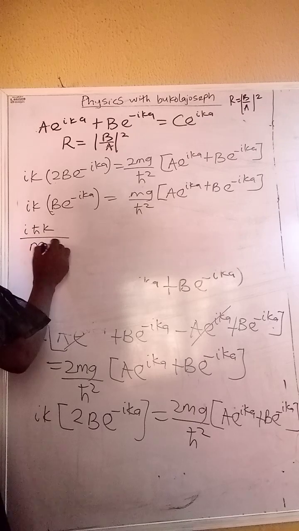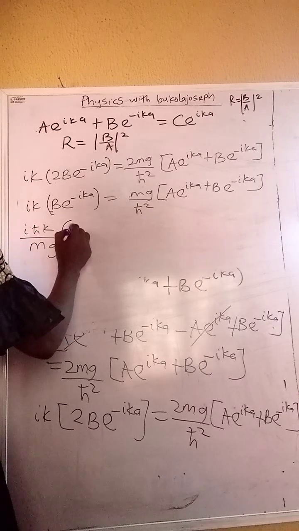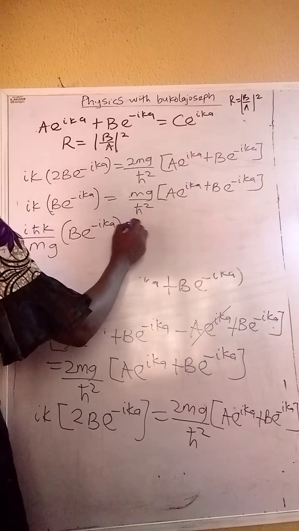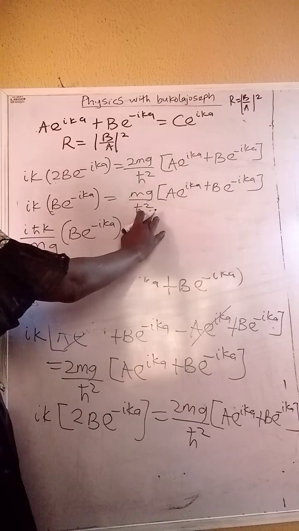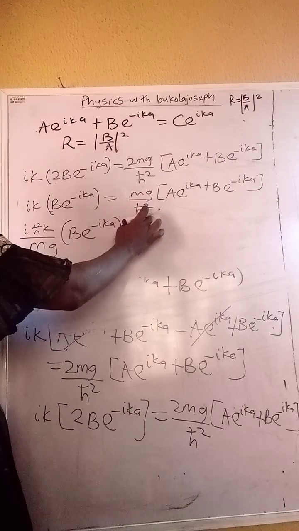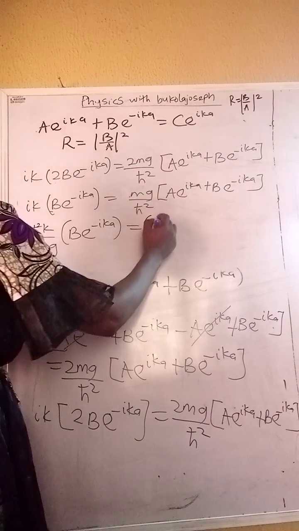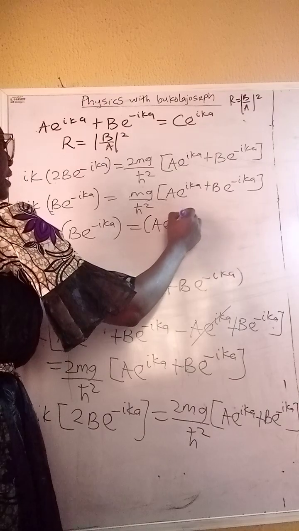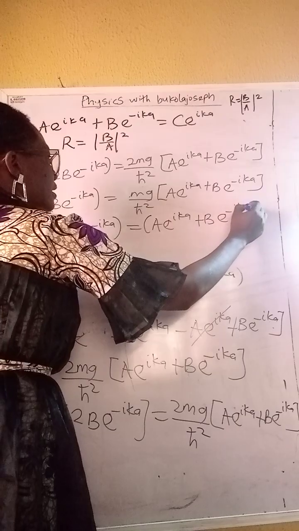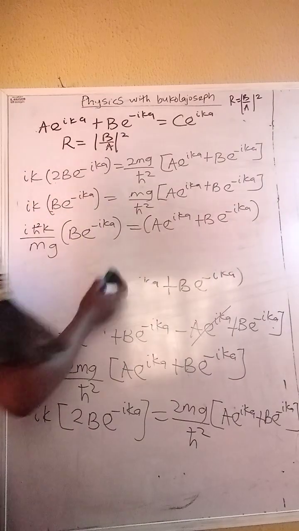We have mg into B exponential minus ika is equal to, it will be eliminated because if we multiply by h cross over mg, it will go. So we'll be left with A exponential ika plus B exponential minus ika. Close the bracket.